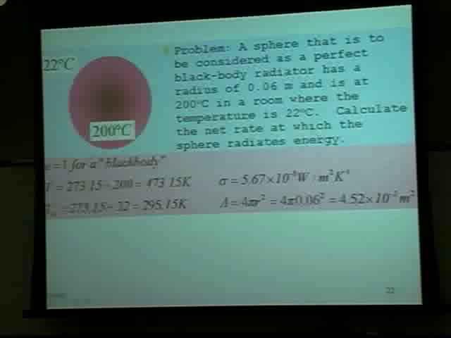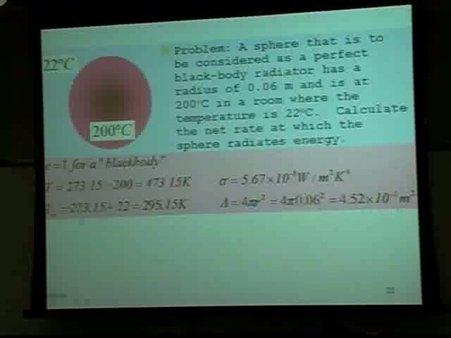So here's what I got. Emissivity is 1. Temperature of the body is 200 plus 273.15, 473.15. Temperature of the room is 22 plus 273.15. Stefan-Boltzmann constant, 5.67 times 10 to the minus 8. Area of the sphere, 4 pi r squared, gives me 4.52 times 10 to the minus 2.